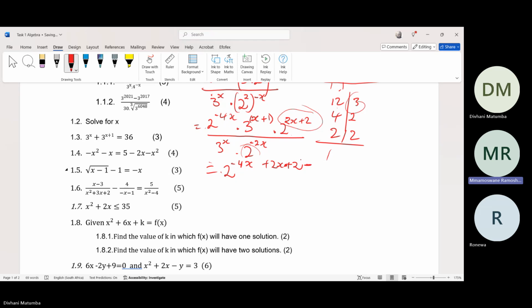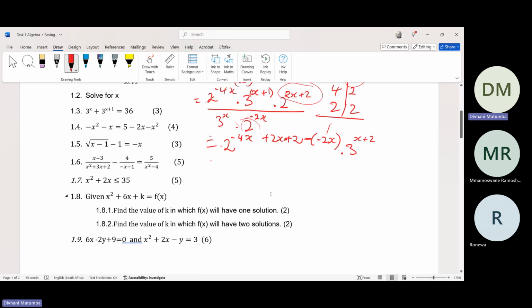Which ones have the same base? This one and this one. So you're going to subtract the exponents. Yes. Perfect. Okay. Then times 3 to the power of x plus 2. Then, no, not x plus 2. x plus 1, sorry.